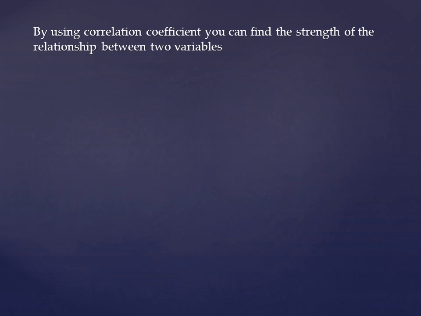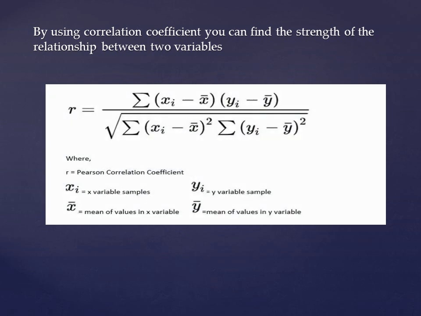By using the correlation coefficient, you can find the strength of the relationship between two variables. This is the correlation coefficient equation. It is denoted as R. Each value of the x variable is denoted as xi, the mean value of the x variable is denoted as x bar, each value of the y variable is denoted as yi, and the mean value of the y variable is denoted as y bar.